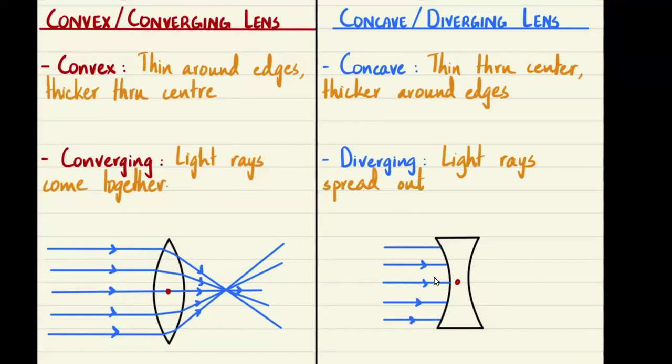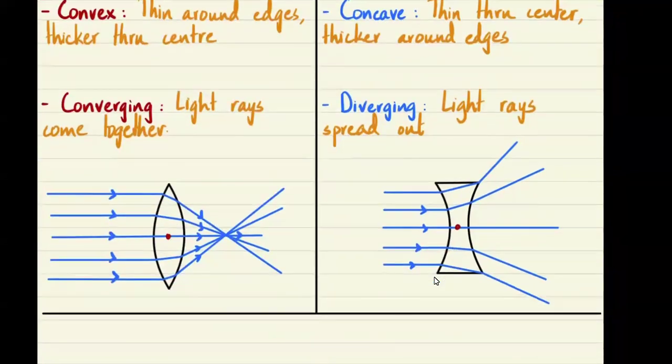So again, pretty much the same idea as with the converging lens. This one is not deviated because of the same reasons. This one bends out at each boundary. This one also bends out like this. Similarly here, and like this. So that's how we can show the bending of light in this case.